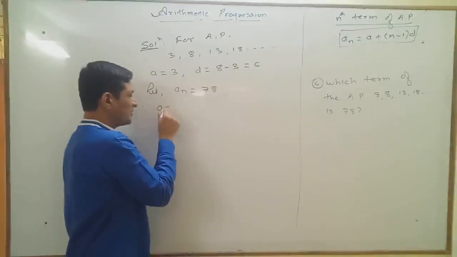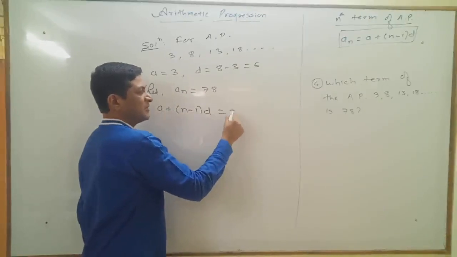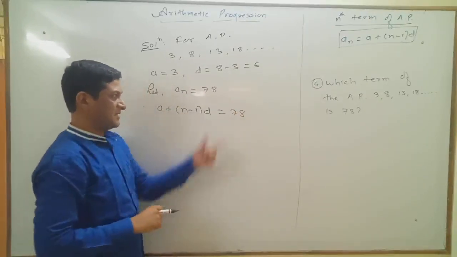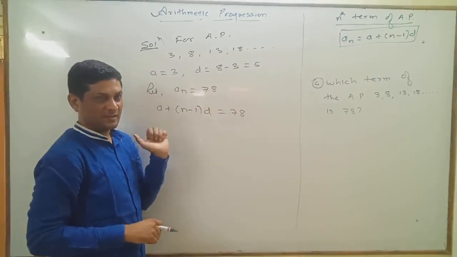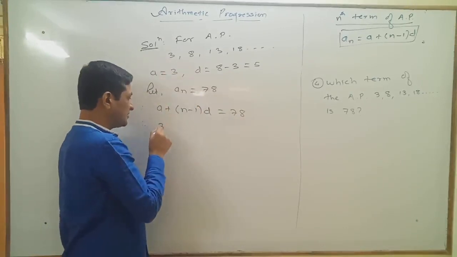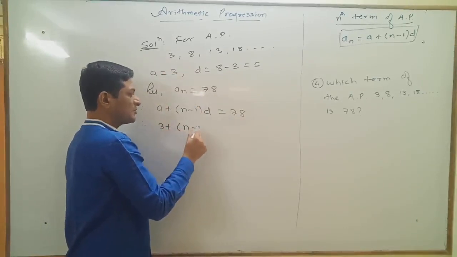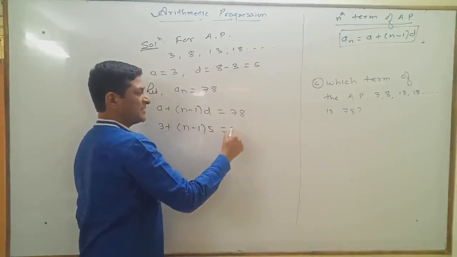According to our formula, a plus n minus 1 into d is equal to 78. Keep the right hand side as it is, I am just substituting the value of an here. So I am replacing by the given values: 3 plus n minus 1, keep it as it is, d is also known to us, the value of d is 5, is equal to 78.